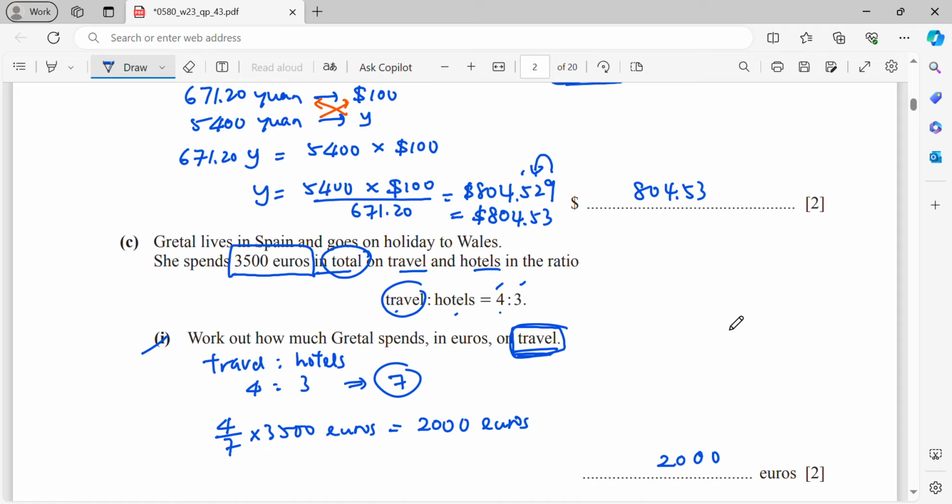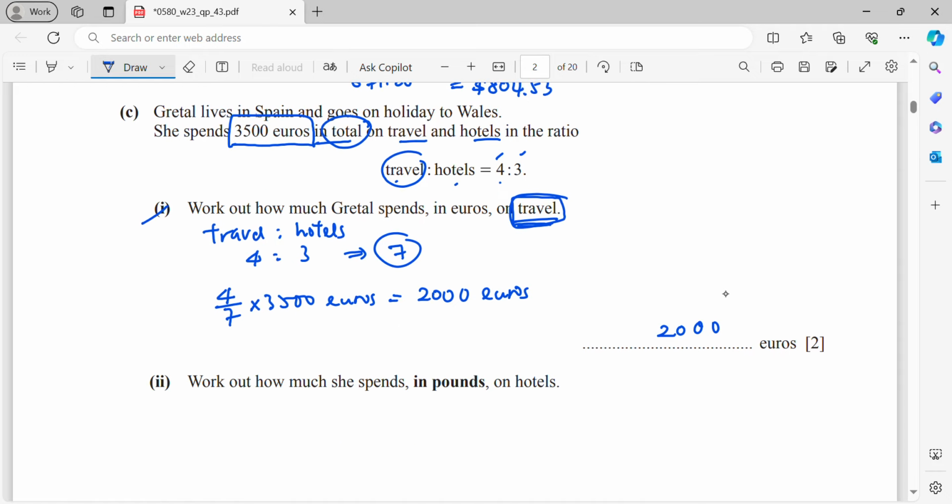Okay. Now, second part, work out how much she spends in pounds on hotels. Okay, so we know that 2,000 euros has been spent on travel. Then now for the hotels, it will be the remaining.